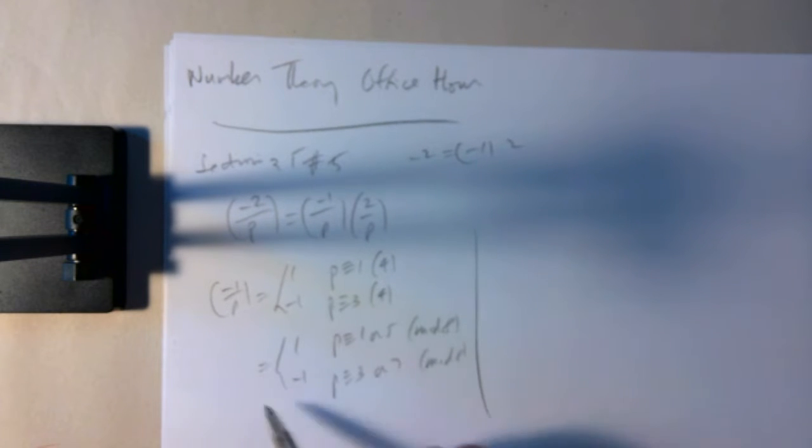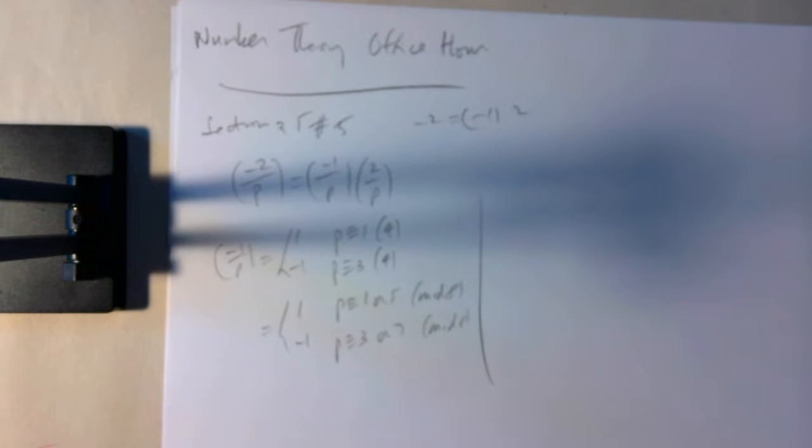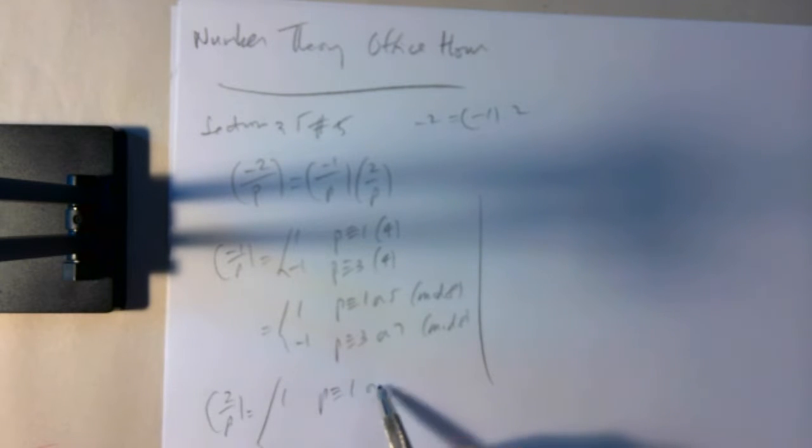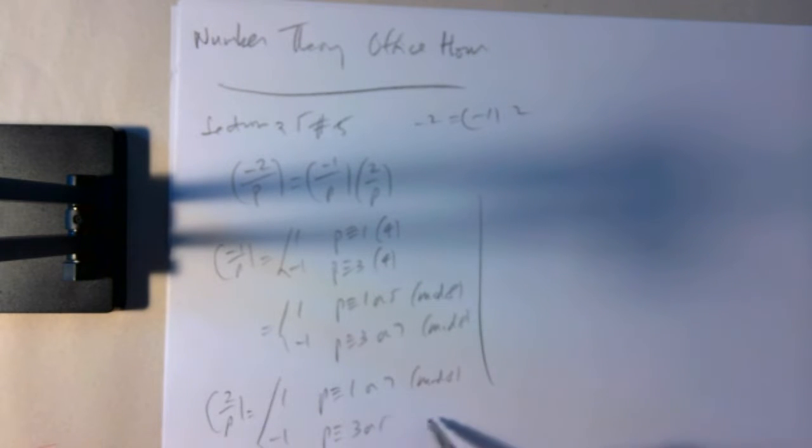These are the same thing. And (2 over p) is 1 if p is congruent to ±1, that means 1 or 7 mod 8, and -1 if p is congruent to 3 or 5 mod 8.